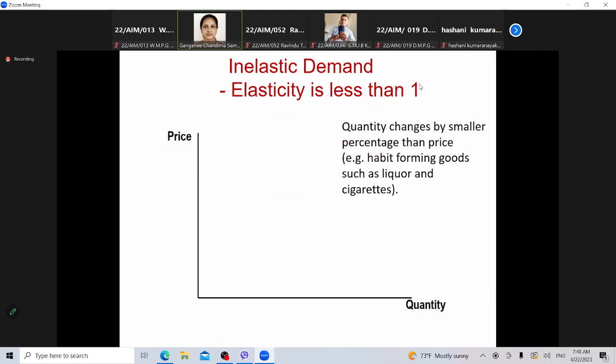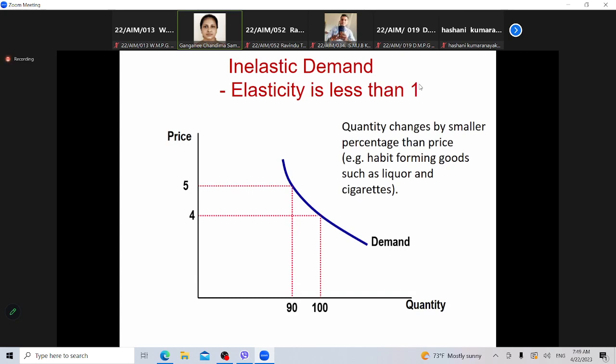Okay? So, inelastic demand: elasticity is less than 1. Here see the situation: inelastic means more or less parallel to the y-axis, not the x-axis.